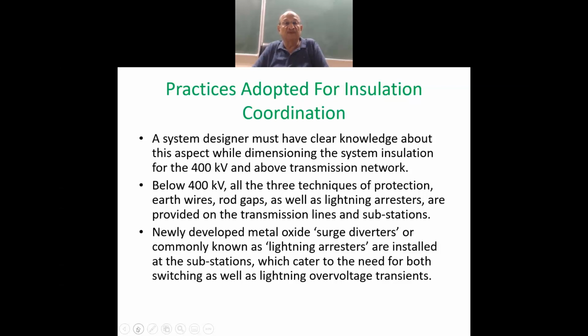Earlier, and even today very commonly, it was of porcelain, then glass, toughened glass insulator strings, and now fiberglass reinforced plastic insulators are installed, and if required, they are provided with the horn gap, etc., to protect them there and then.